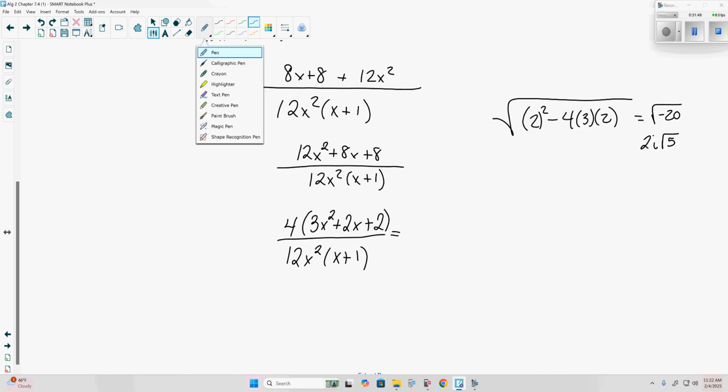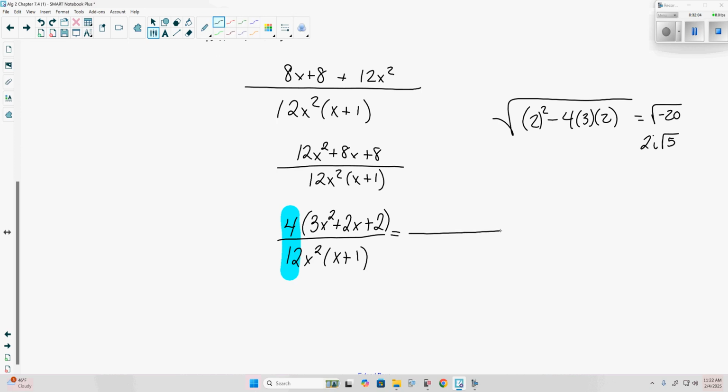However, this is not fully simplified. 4 over 12. Because again, that's a multiplication outside the parentheses, we can simplify that, because 12 and 4 have a common factor of 4.